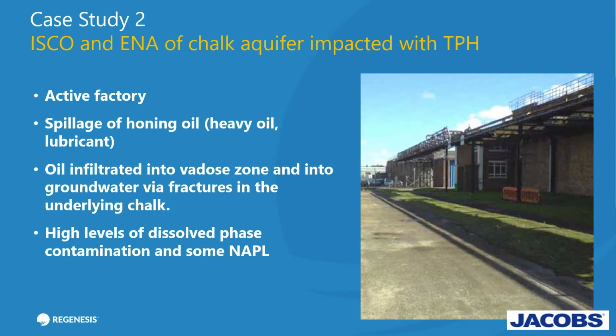There was a series of spillages of honing oil. This is a heavy oil, a lubricant that had infiltrated through the vadose zone into the groundwater via fractures, impacting the underlying chalk. Here we had very high levels of dissolved phase contamination that would suggest in excess of solubility, and we did have some L-NAPL as well. So a pretty heavily contaminated site.